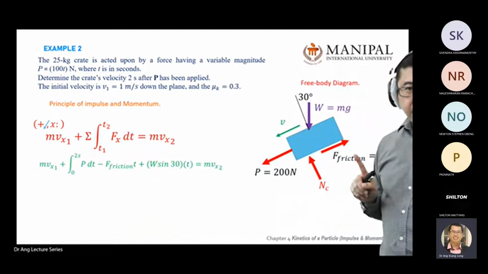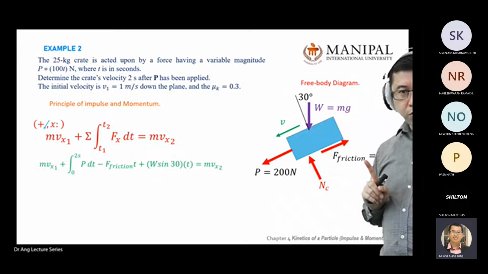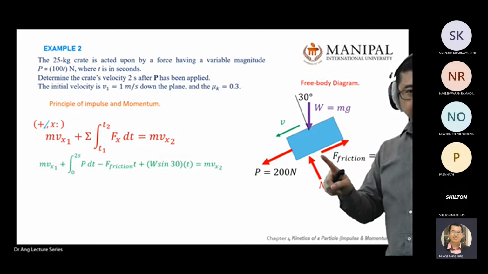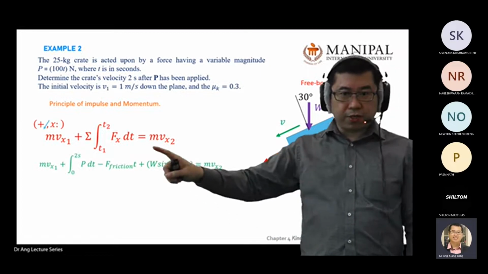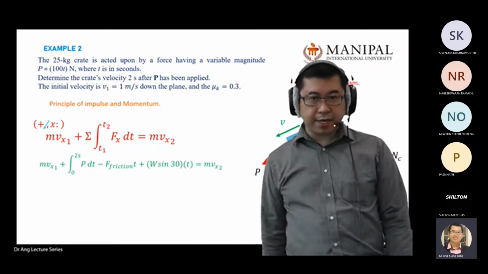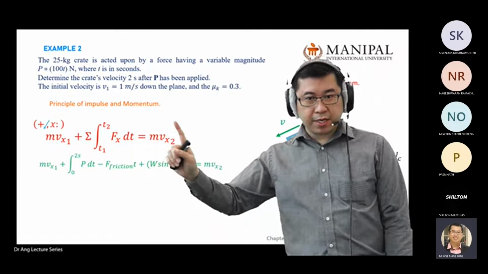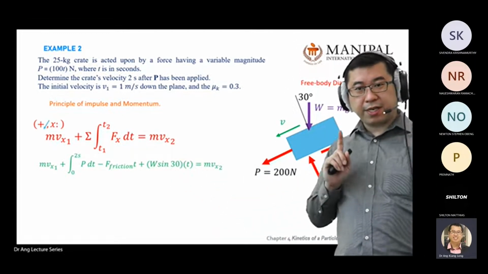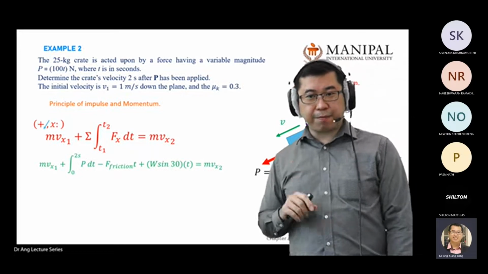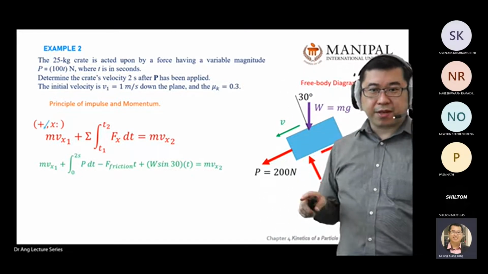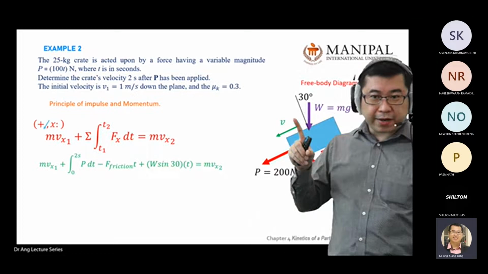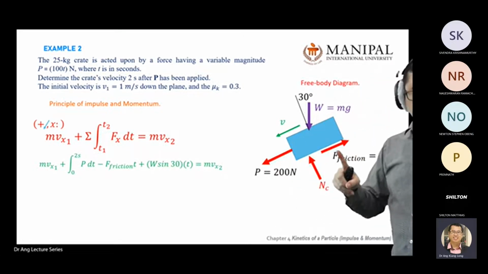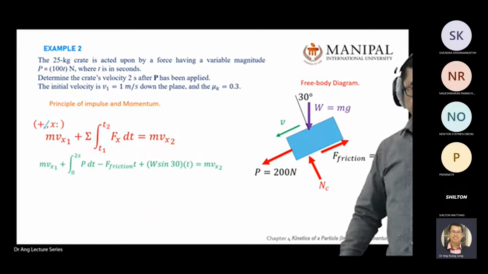Again, this friction force is also one of the famous mistakes. Students will forget about friction. So friction multiplied by time. Again, what is impulse? Impulse is force times time. As long as there's a force and there's a time, then impulse happens. So in the free body diagram, as long as there are forces, W creates impulse, this one also impulse, this one also impulse.